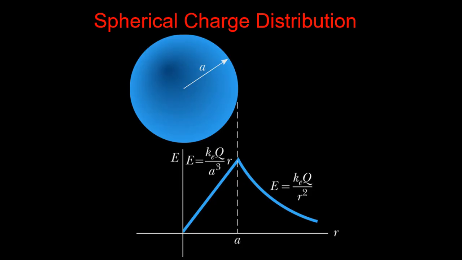Now, as we start at the center of this particular sphere and move towards its radius, what we'll end up with is a change in electric field. When we're at the center, we'll have equal contribution in our electric field from this side, this side, this side, this side, due to the symmetry, essentially cancelling our electric field. So our electric field is 0 at the center of the sphere.